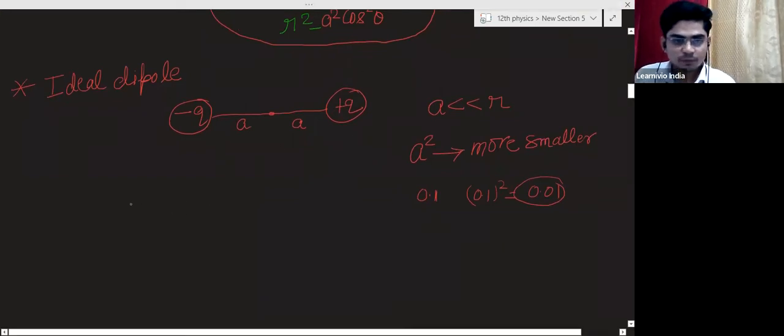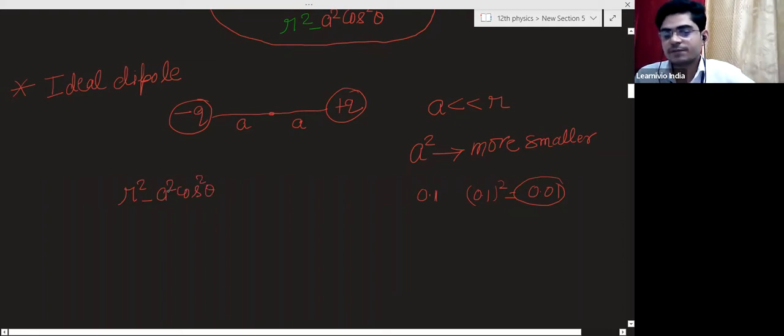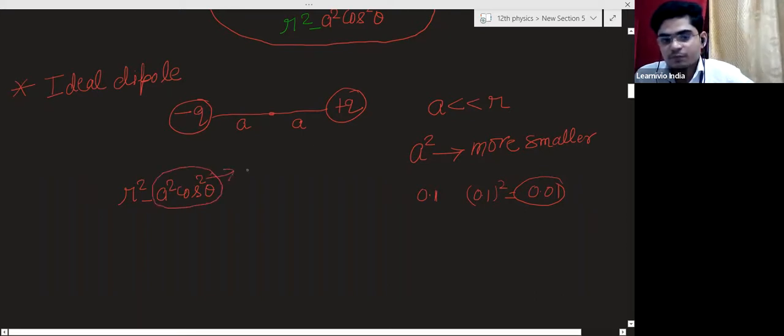In the expression r square minus a square cos square theta, a square is very small, and if we multiply it by cos theta, it becomes very small as compared to r square. So we can neglect it now.